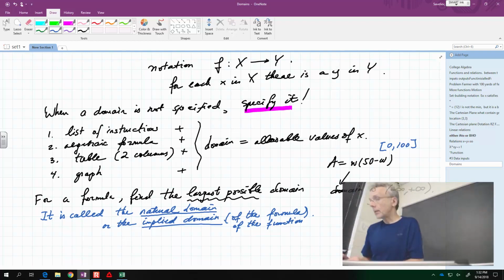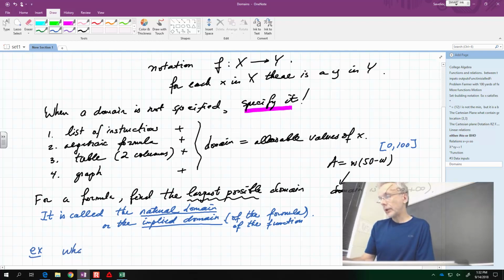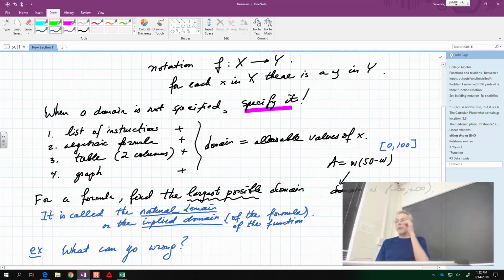But since we can find the domain in this kind of standard way, implicitly that domain is present there. So that is okay as long as you're prepared to do this extra work. As examples, you ask pretty much what can go wrong. We're talking about the largest possible domain.